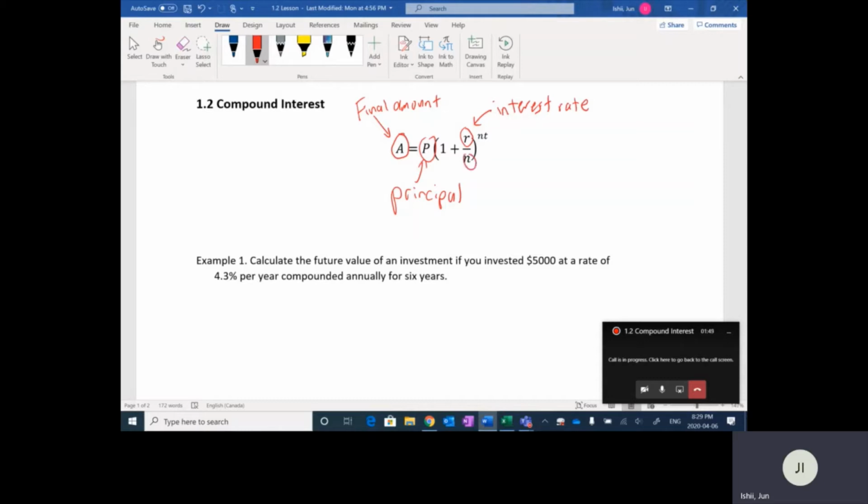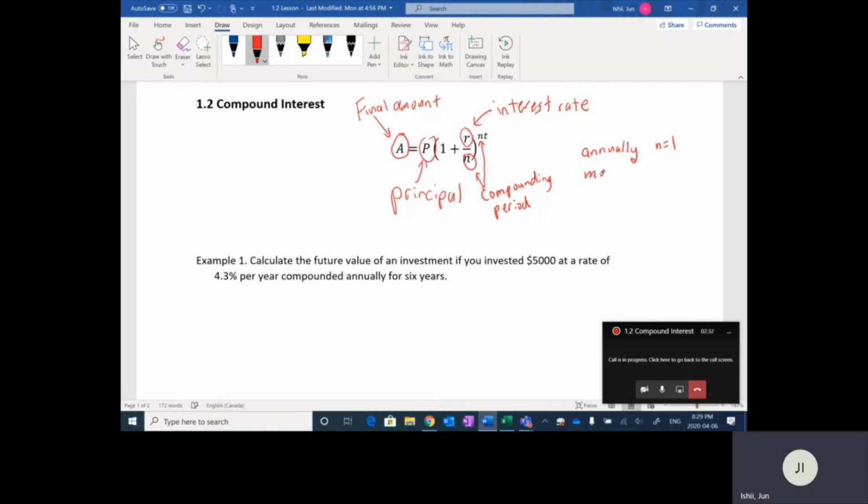And the N also shows up there. The N is what they call the compounding period. The compounding period depends on how often the interest is paid. For example, if we go with this chart over here, if it's compounded annually, n is equal to 1.